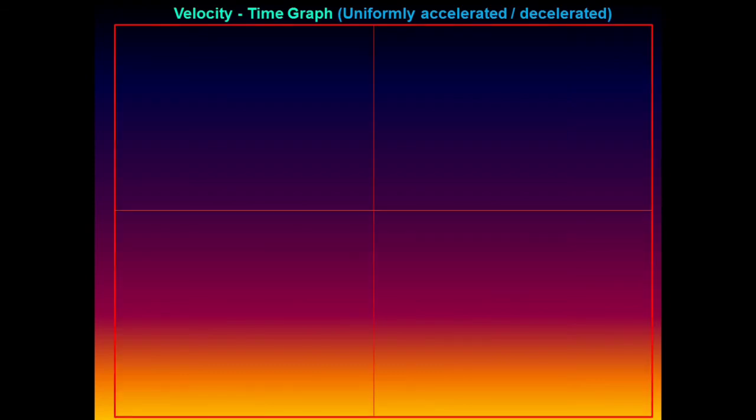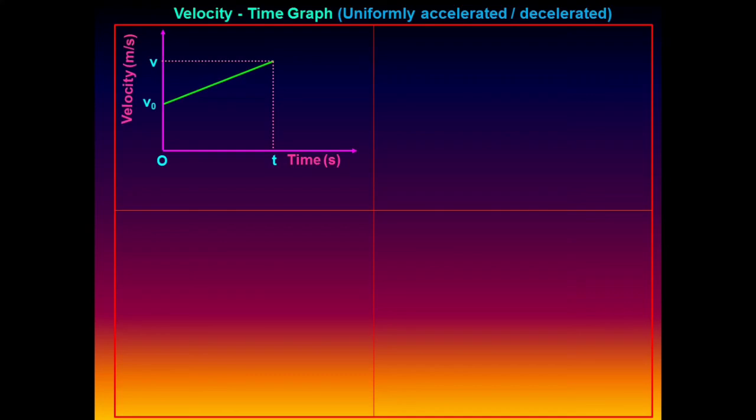So now the velocity-time graphs for the uniformly accelerated and the decelerated motion, we can see one by one, right? The first graph gives the velocity-time graph for zero acceleration, right?